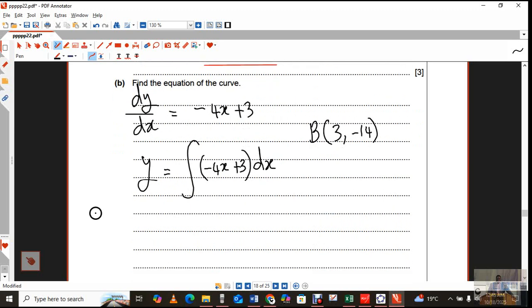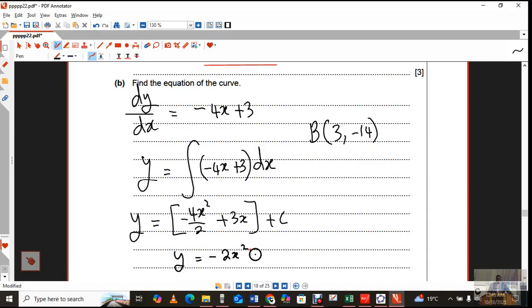So let's quickly integrate then. y is equal to, adding 1 to the power, negative 4x squared over 2 plus 3x plus c, which is the constant of integration. So this is y equals negative 2x squared plus 3x plus c.